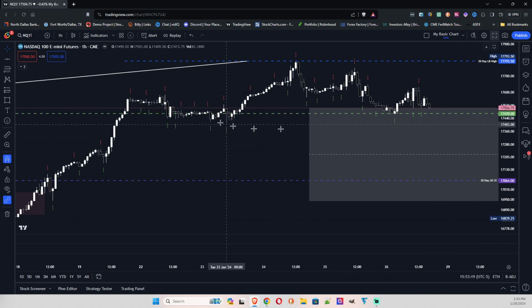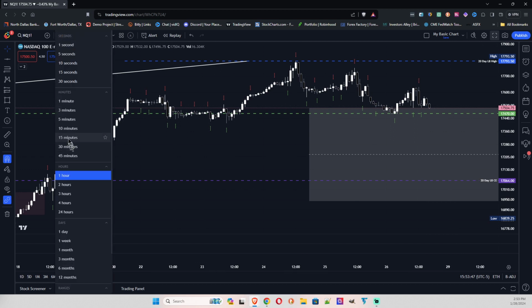So this is just kind of a major starting point here. As you can see, this is our high we've already got in here. Right now, this is kind of the low we're watching. We're either going to bounce and go back up, or we're going to break below and possibly come back up and retest this level here.